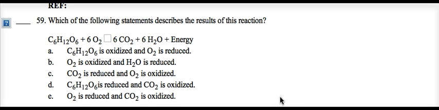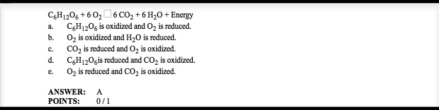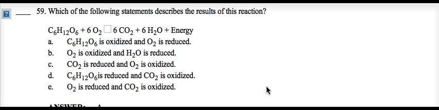So instead of reading all that, I'll give you a minute. Okay, so the answer is A, that the glucose is oxidized and the oxygen is reduced. It's just being able to apply the redox reactions to cellular respiration.